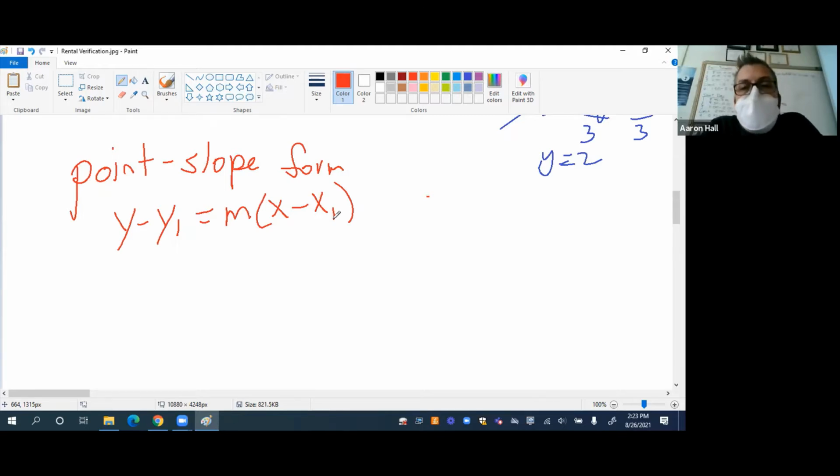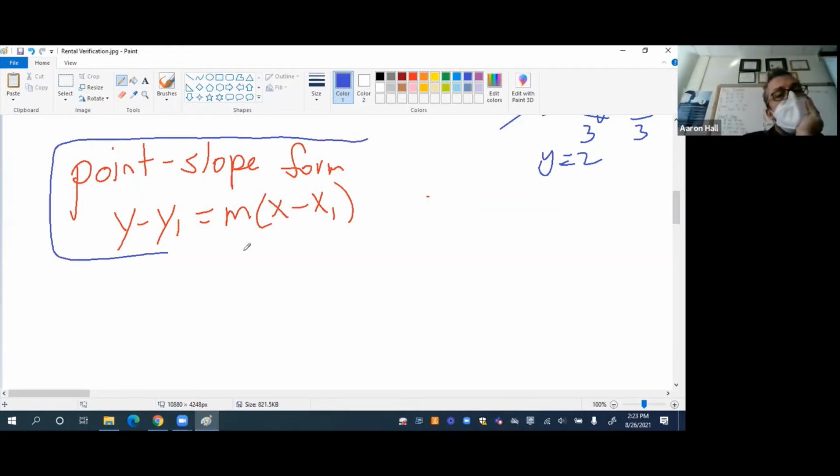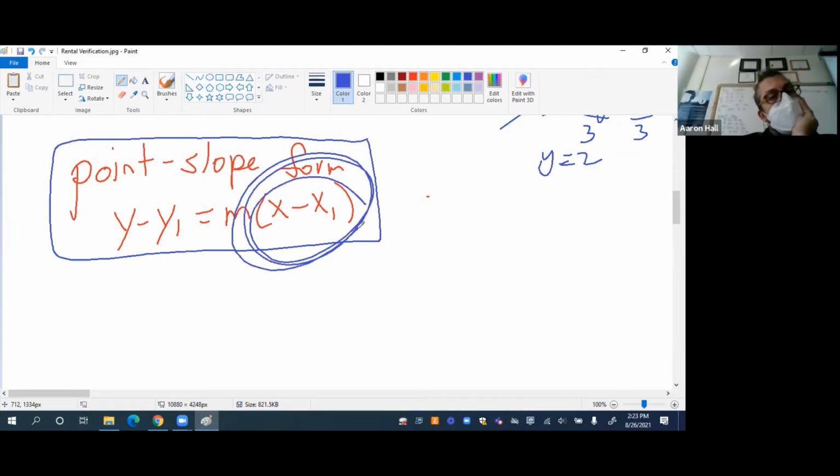Well, you just asked 2 questions. What if this is point slope form, right? What if I divide both sides by this x minus x subset 1?